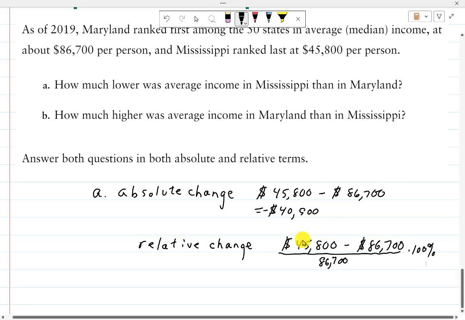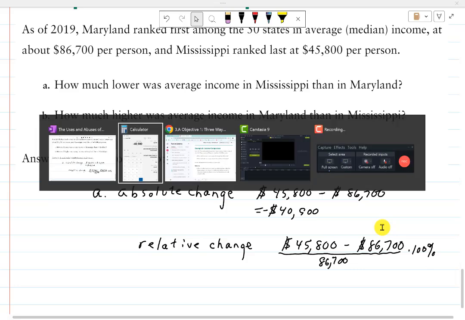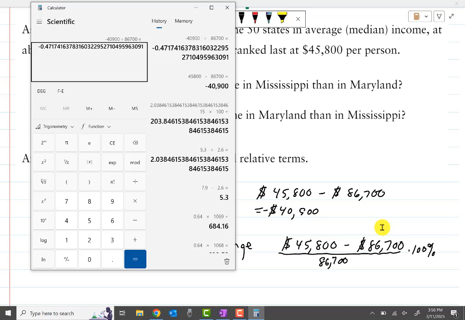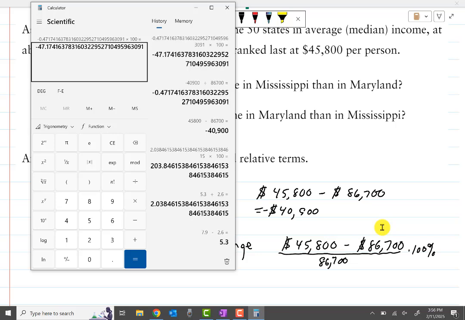Now I've already done the top part, so let me divide by the denominator. So we will divide this by 86,700, and then I'll multiply by 100 to give me a percentage. I'll say 47.17.